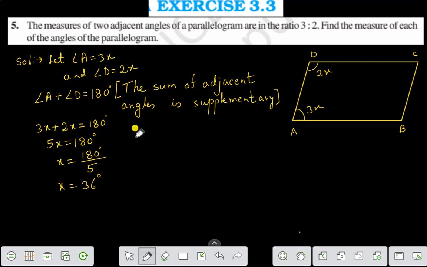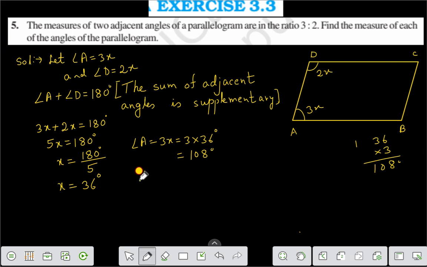Therefore, angle A is equal to 3x, that is equal to 3 into 36 degrees. If we multiply 36 with 3, 3 sixes are 18, carry 1, it is 8. 3 threes are 9 plus 1, 10, that is 108 degrees.